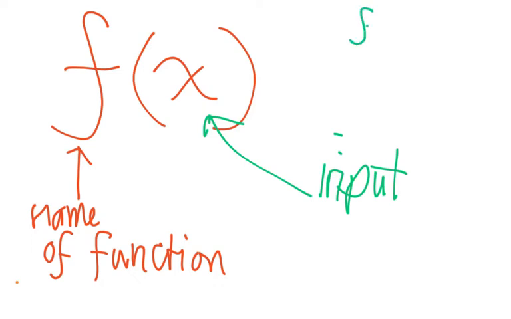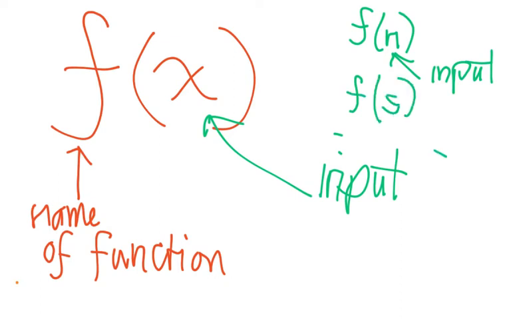So if I say F of N, this is the input. If I say F of S, this is the input. Mathematicians are really great at assigning letters, meaning variables, to represent something in their function. It's what they do. All right, so let me go back. Make sure you get all of that. Stop the video. Put it down.